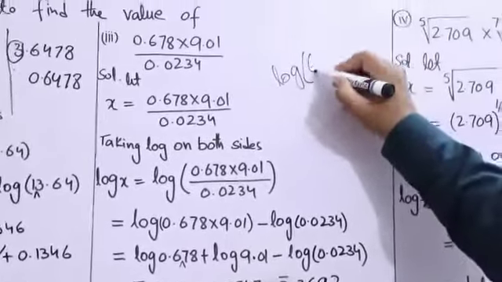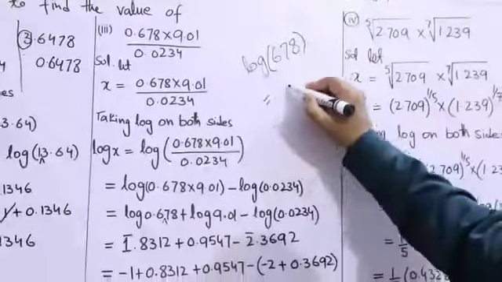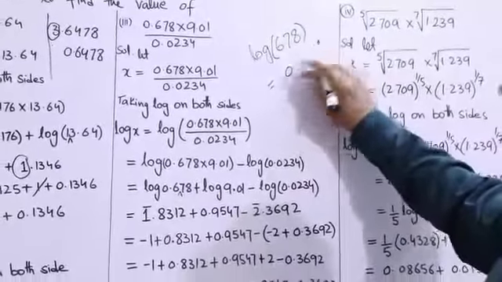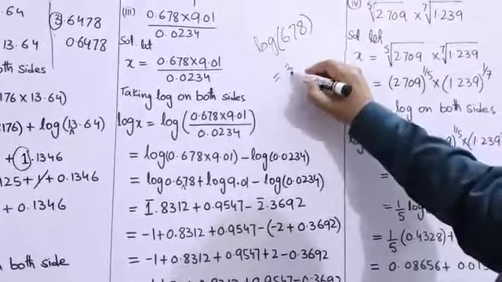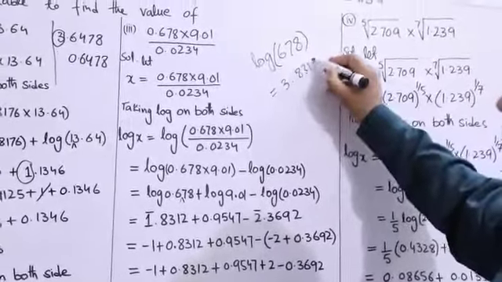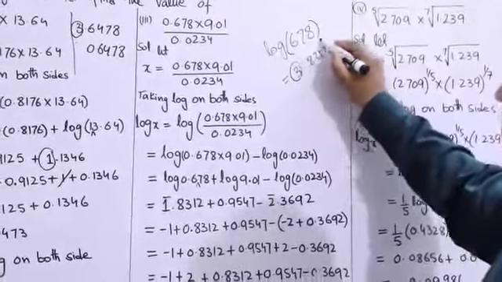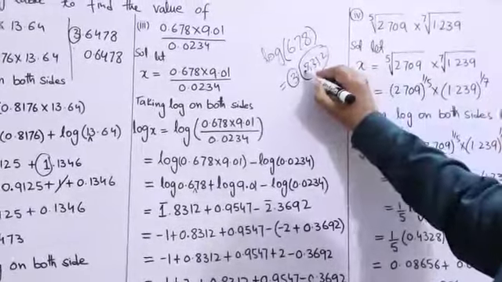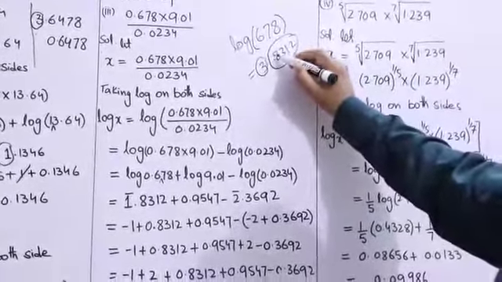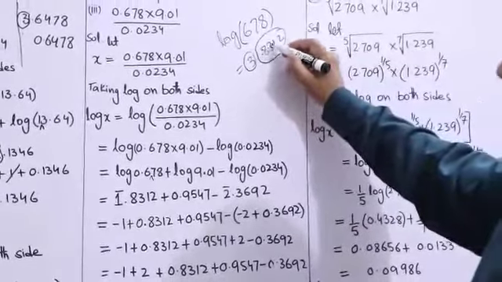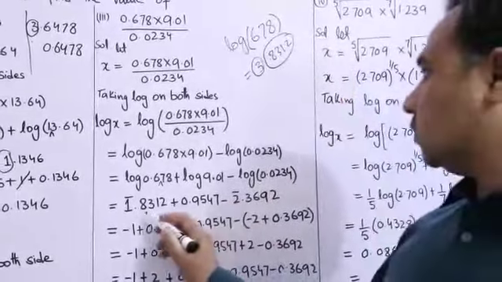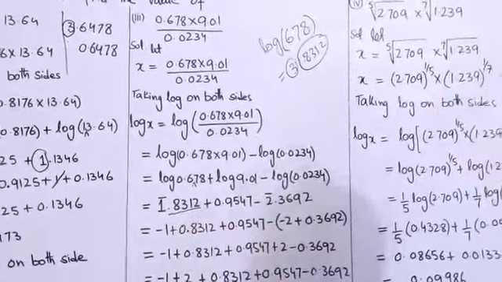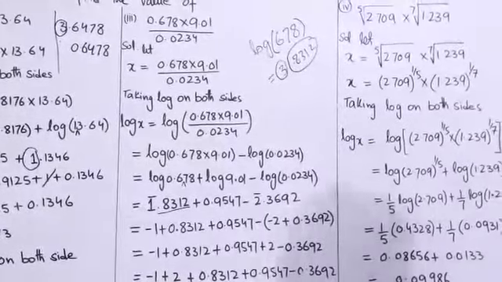This will be equal to 2.8313, and we use just the decimal part, so that is 0.8312.